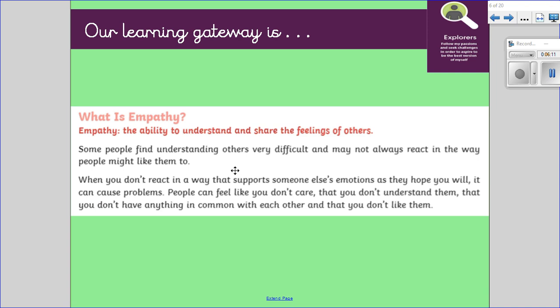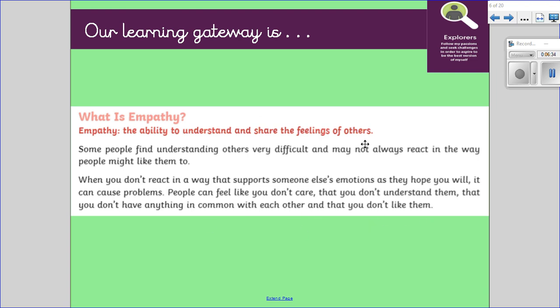Some people find understanding others very difficult and may not always react in the way people might like them to. So when you don't react in a way that supports someone else's emotions, as they hope you will, it can cause problems. People can feel like you don't care, that you don't understand them, that you don't have anything in common with each other, and that you don't like them.